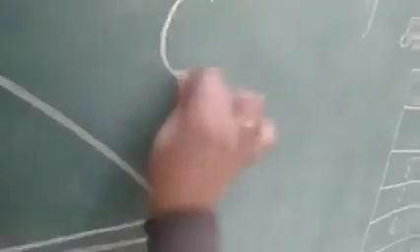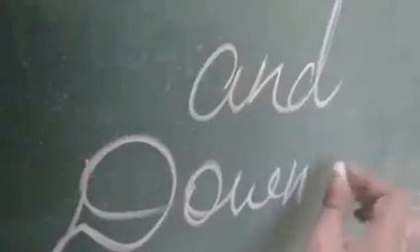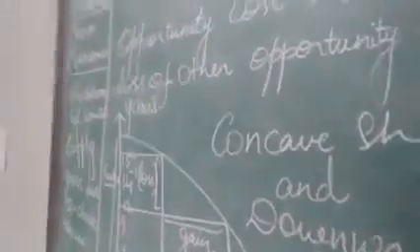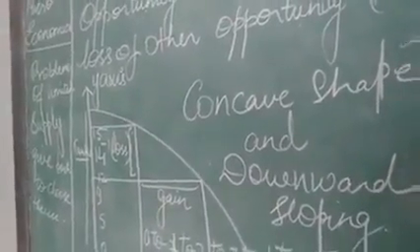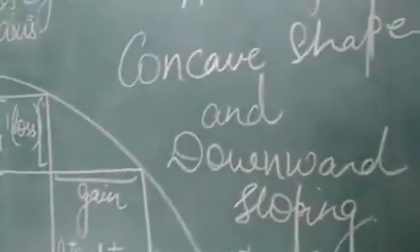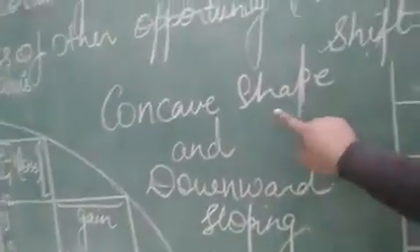So that's why it is concave shaped and downward sloping PPC. PPC आपकी opportunity cost की वजह से downward sloping है. Because आपको इधर से reduce करना पड़ रहा है इधर gain करने के लिए. So that's why it is downward sloping.